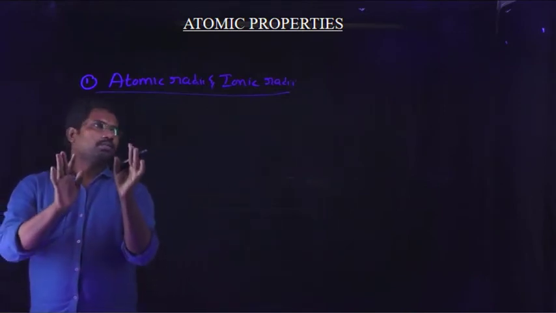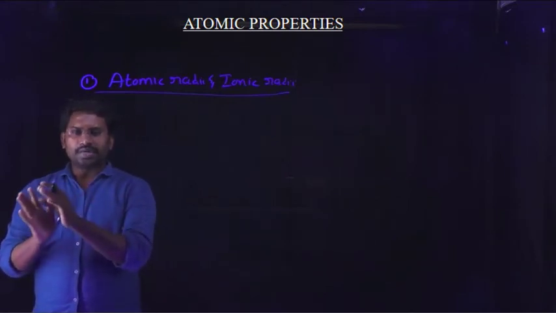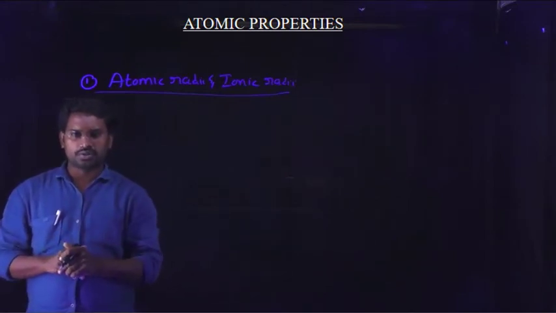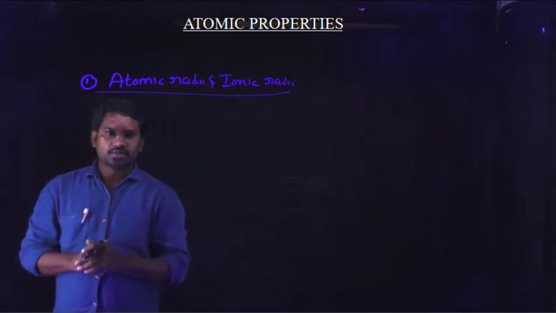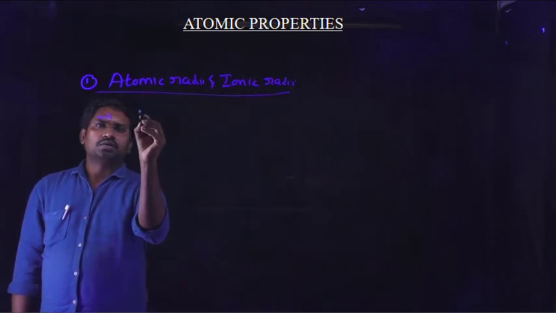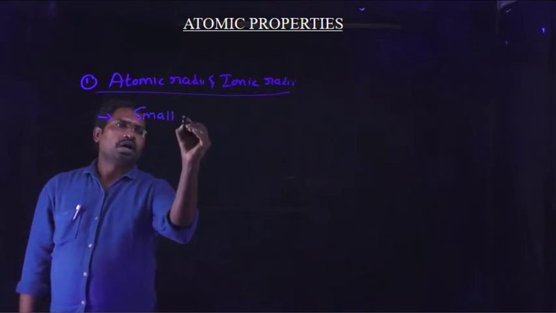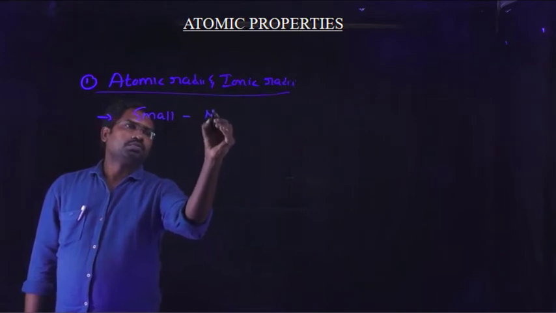So how do the atomic radii and ionic radii values change in a period and group in the case of halogens? In periods, the atomic radii and ionic radii of halogens are very small because they have higher nuclear charge.